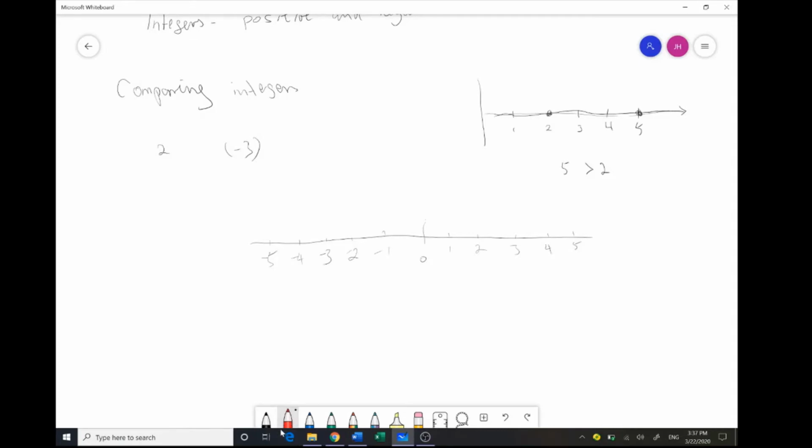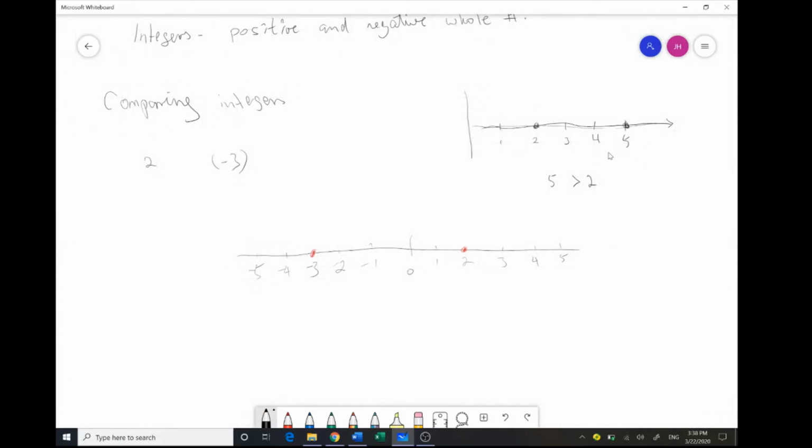And now I'm going to look at the points of the numbers 2 and negative 3. Remember, what we tried to say from the earlier example is that the numbers to the right are always greater than the numbers on the left.